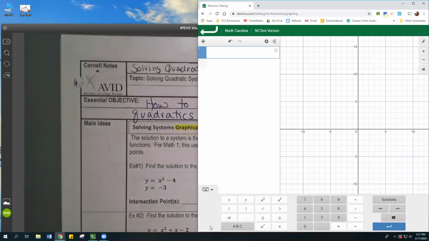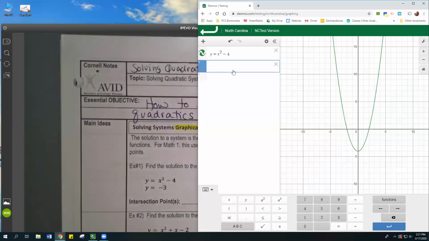And you can open that up, and right here is where you can find your squared button. So using my keyboard, I'm just going to type in y equals x, and then I'm going to use this button right here to square it, and then -4. And then for my second equation, it's going to be y equals -3.